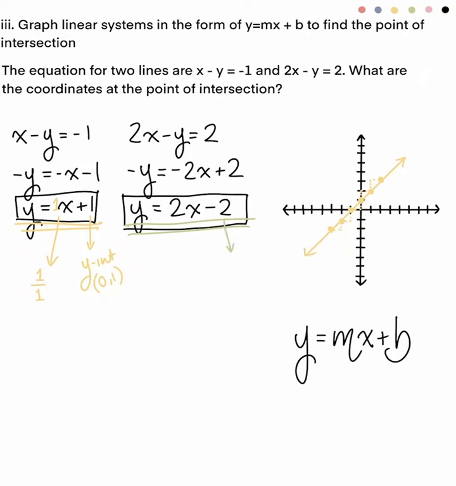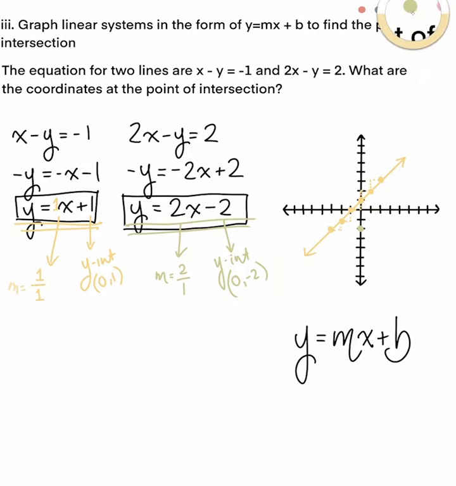So I've got my y-intercept here. It's 0, -2, so that's where I'm going to start. And then my slope is 2/1. Maybe I should have written that over here for you guys too.